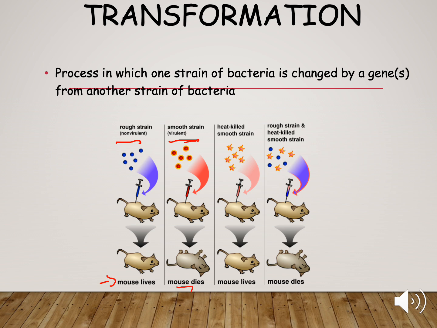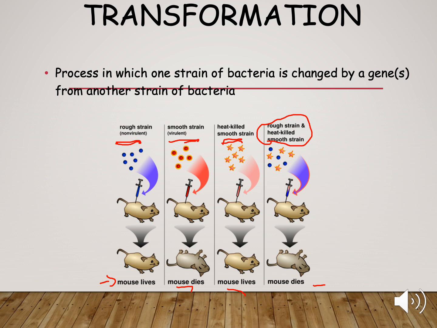He then took that smooth strain and heat killed the smooth strain and injected the mouse, and again the mouse was able to survive. So then the idea was, let's take rough strain where mice can survive and heat killed smooth strain, again where mice survived, mix them together and inject the mice, but in this case the mouse died.